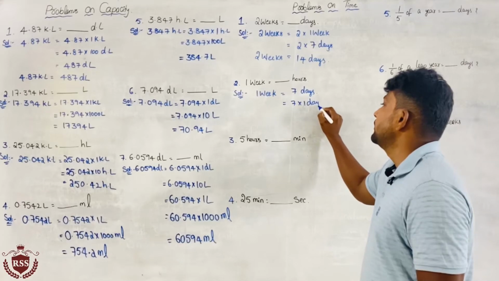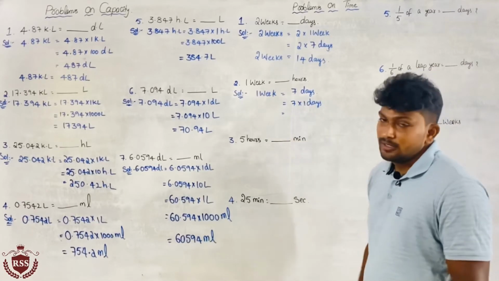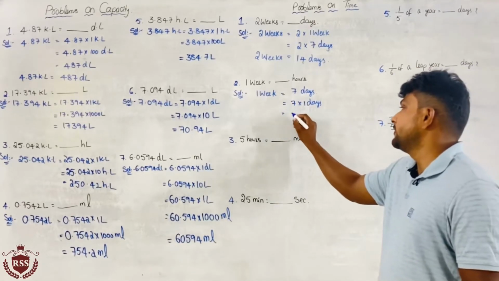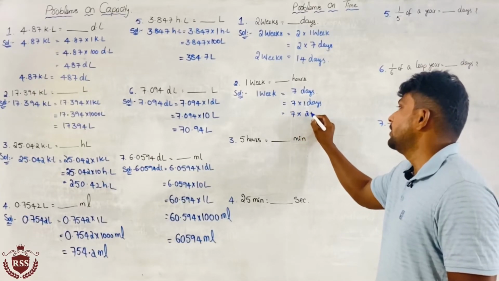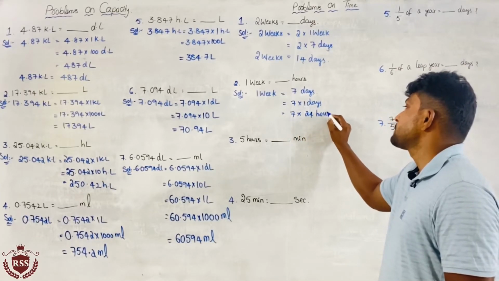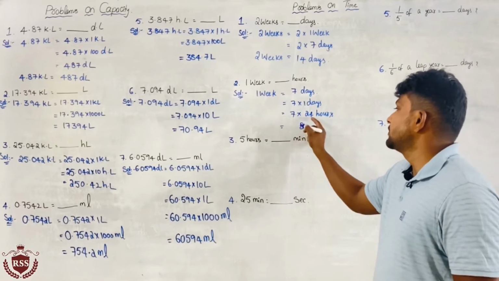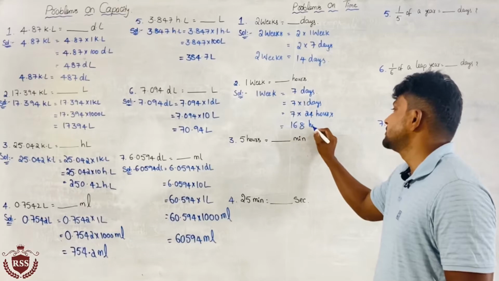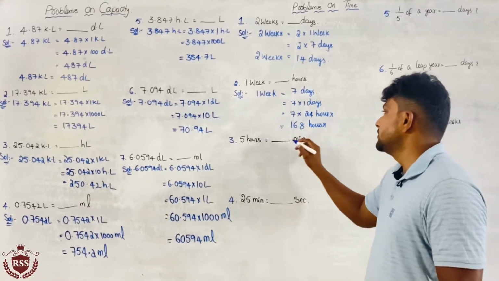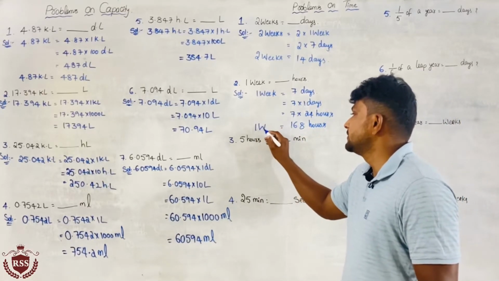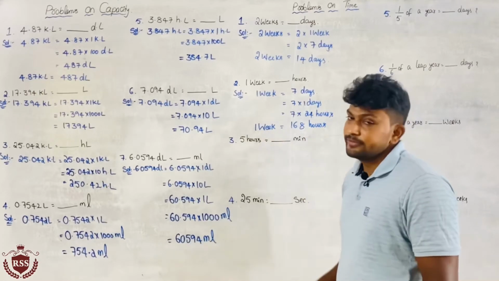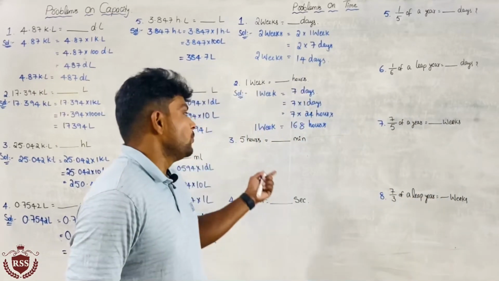How many hours are there in 1 day? There are 24 hours. So 7 into 24 hours. 7 fours are 28, 7 twos are 14. There are 168 hours in 1 week.